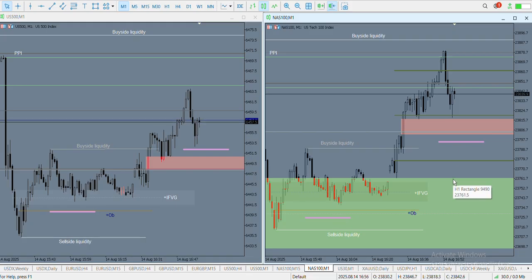So we're trading at 23,839 now on the upper portion, upper quadrant of today's opening range gap.